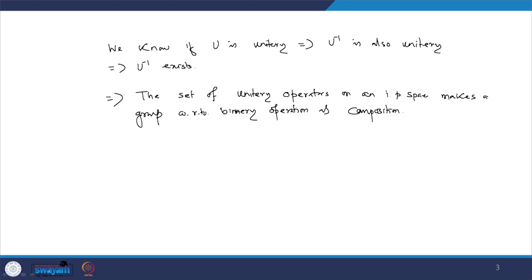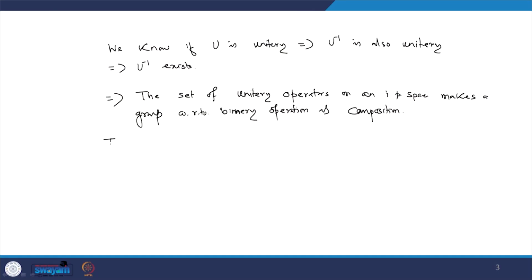So, if I consider an inner product space V and collect all the unitary operators, then the set of unitary operators forms a group with respect to composition as a binary operation.